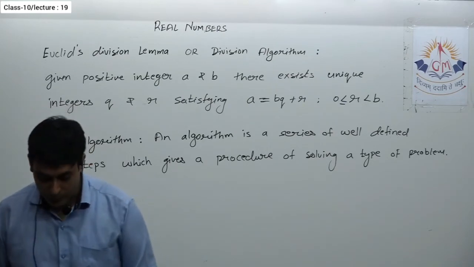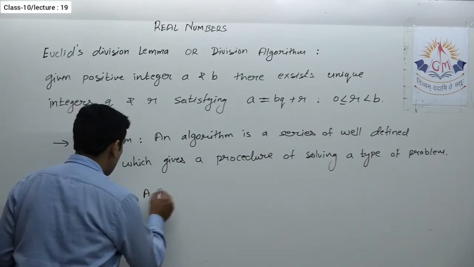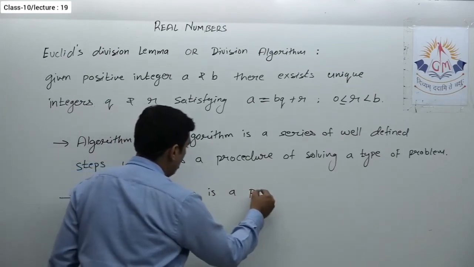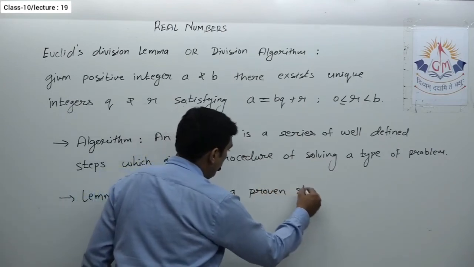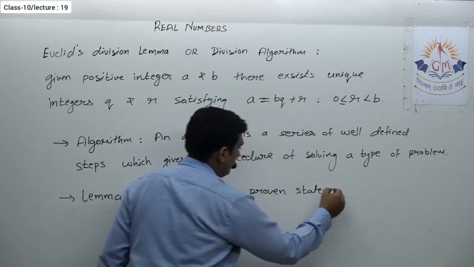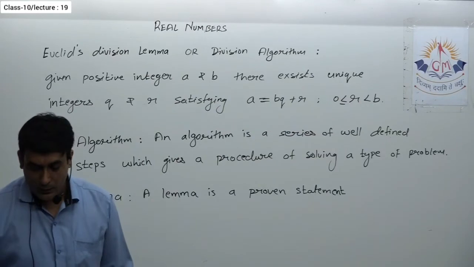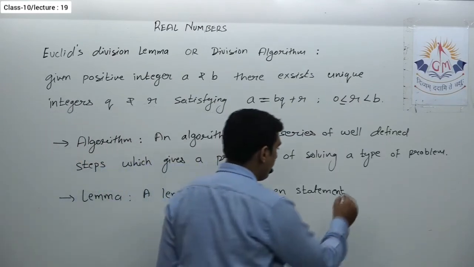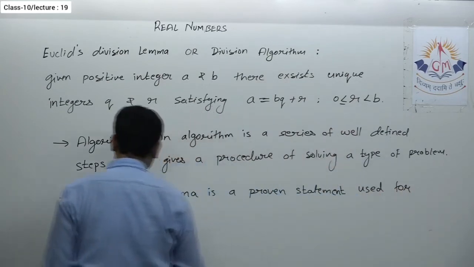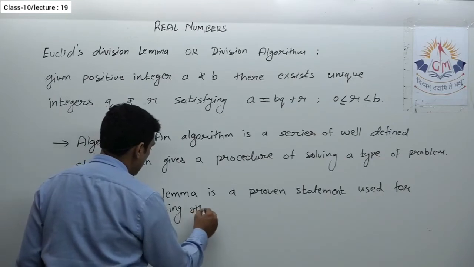A lemma is a proven statement, already proved, used for proving other statements.